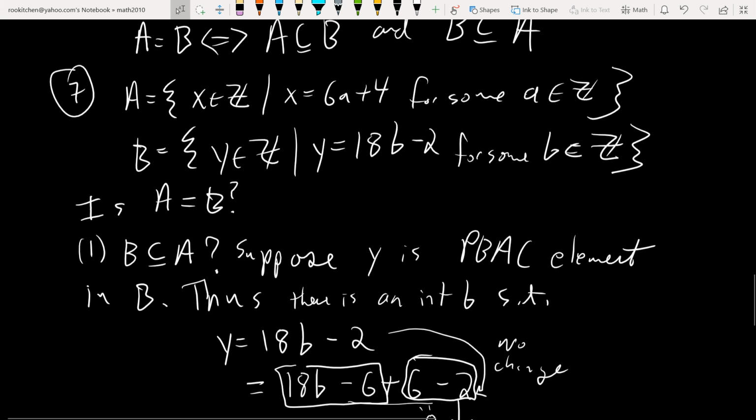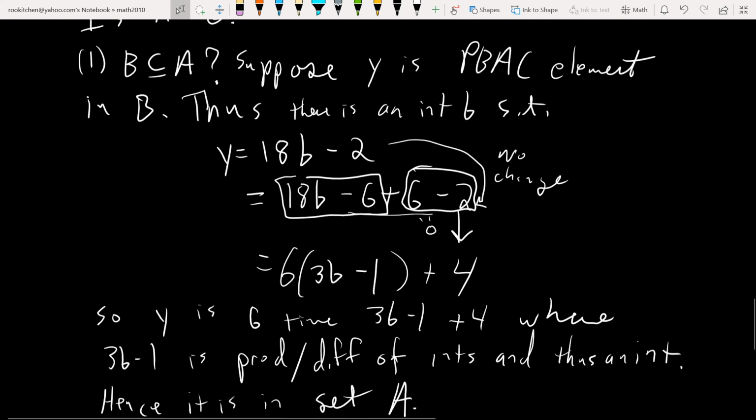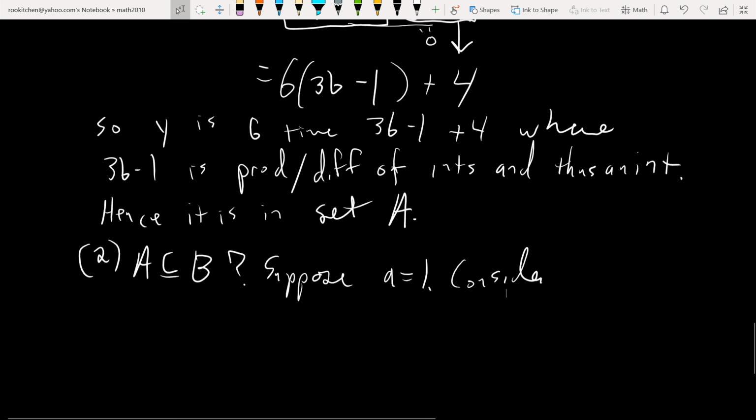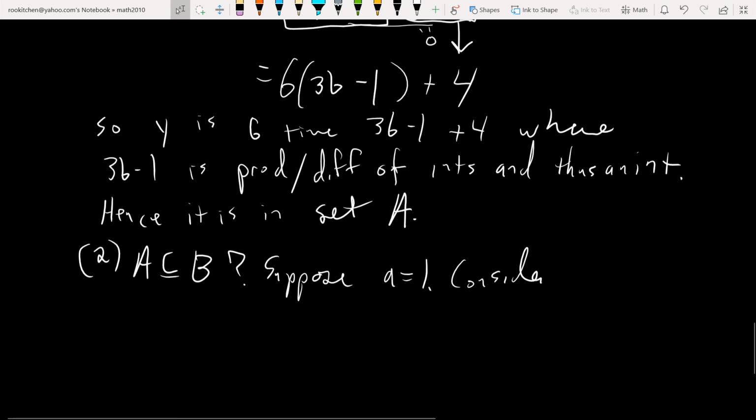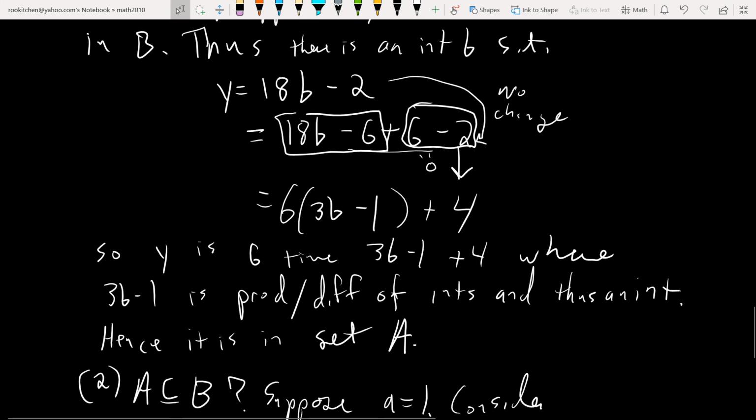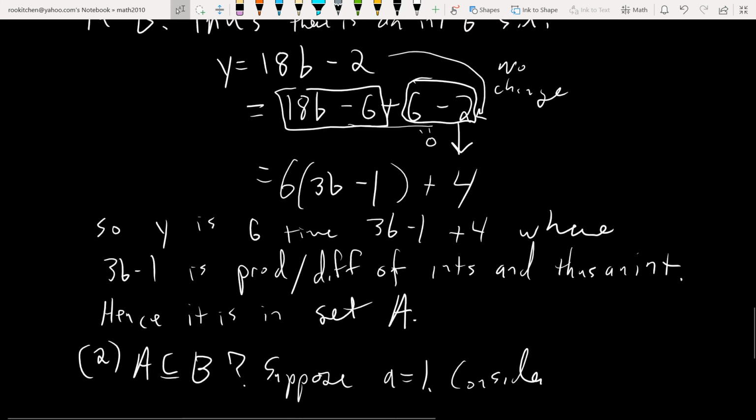What am I doing? Sometimes I confuse myself. So suppose a is equal to 1. I'm trying to show that A is not contained in B. Okay, so basically I'm going to find an element in A that's not in B.